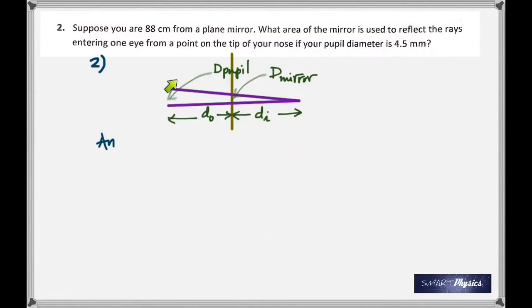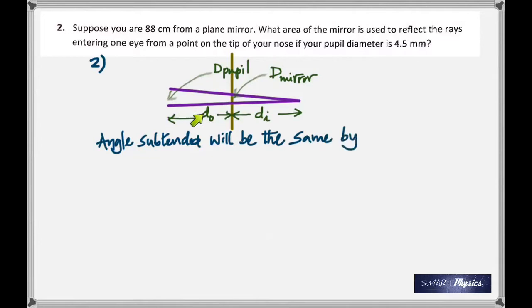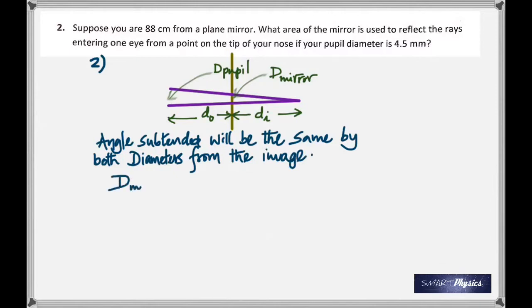It can be written as the length of this arc divided by this radius, or the length of this arc divided by this radius. So once again, the angle is the length of this arc, d pupil, divided by do plus di, or the same angle can be written as d of the mirror divided by di, which is what I'm writing now.